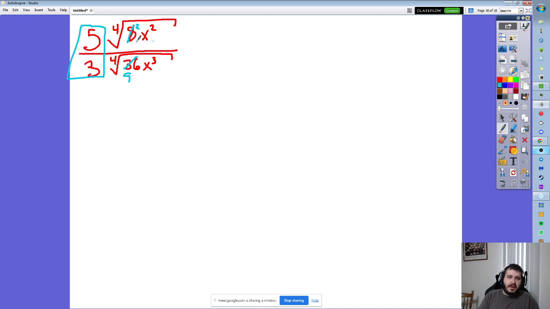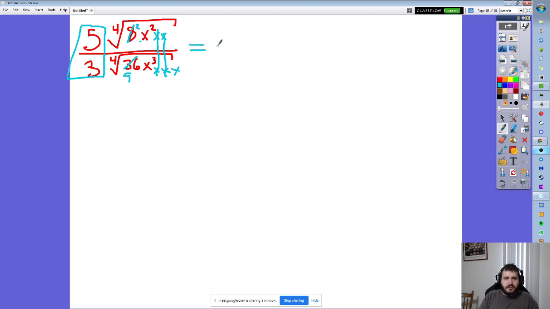And then the same thing with the x squared and the x cubed. Look, there's 2 x's on top and 3 x's on bottom. If it helps, think about it like there's xx and xxx here. 1x cancels, 2x cancels, right?